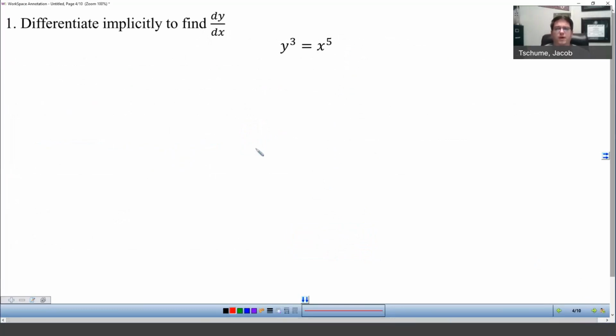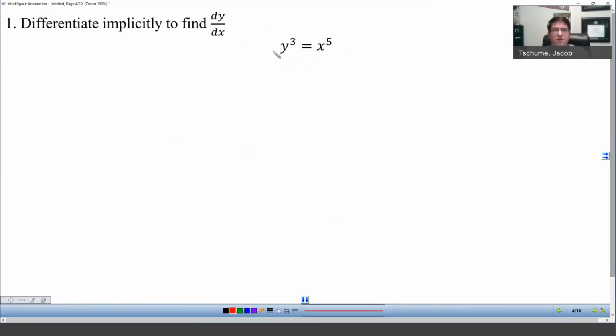Example number one: differentiate implicitly to find dy dx if y cubed is equal to x to the fifth. Essentially, how implicit differentiation works is you don't move anything around. All you're going to do is take the derivative of every term you see exactly as it sits.